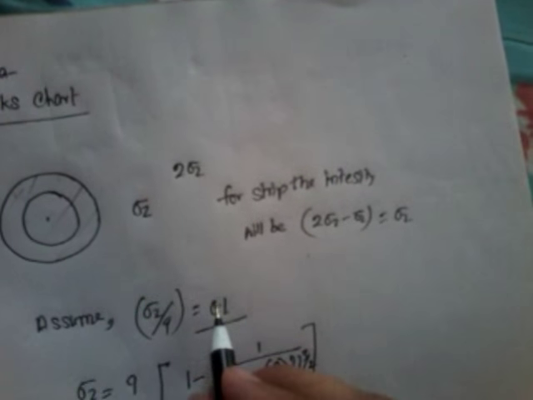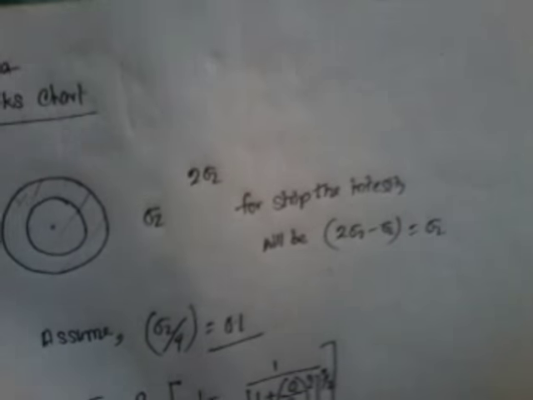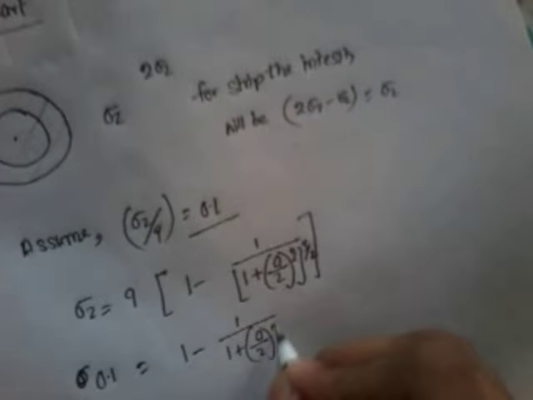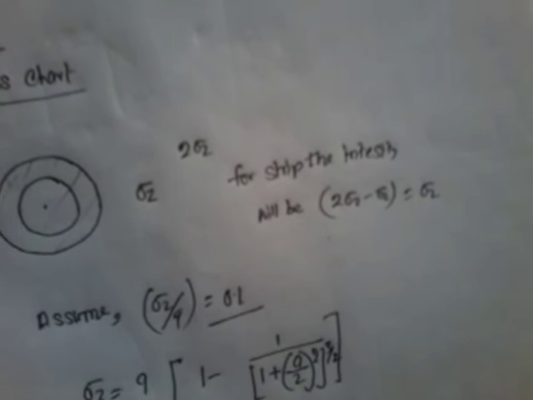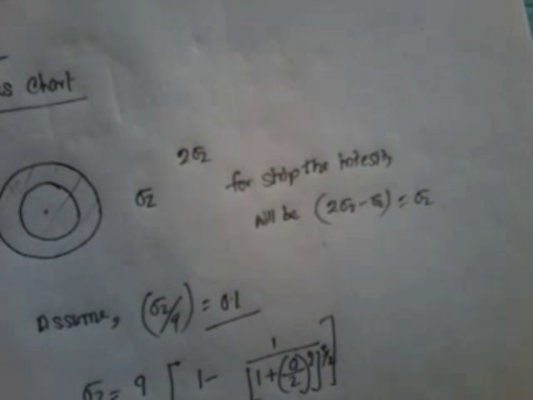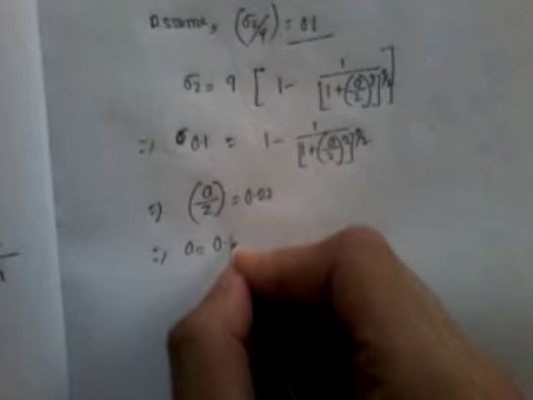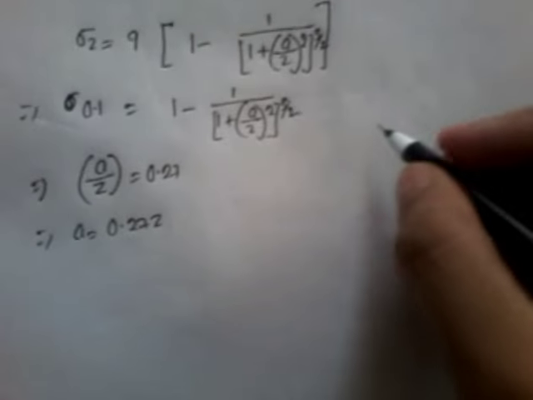If I put sigma z by q equal to 0.1 and equate this, then we get a by z as 0.27, so a will be 0.27 z. So what is the meaning of that?